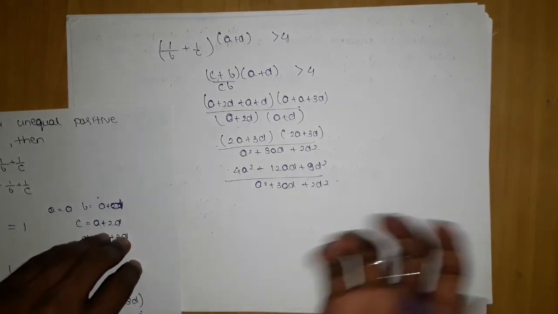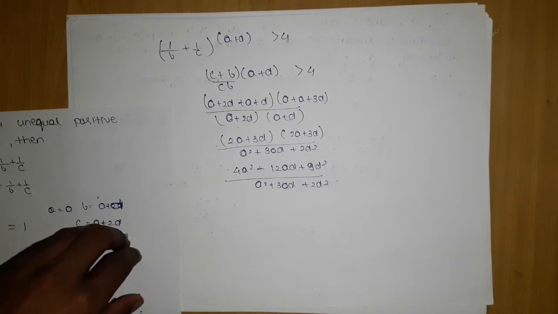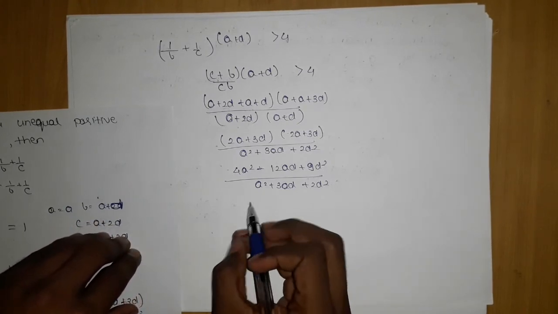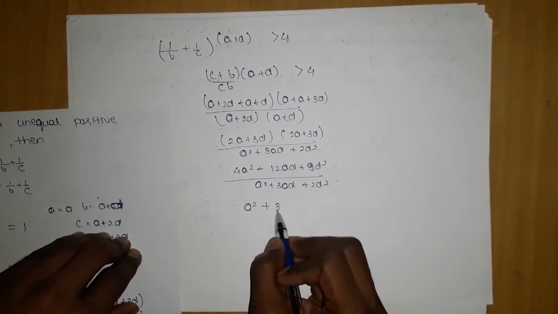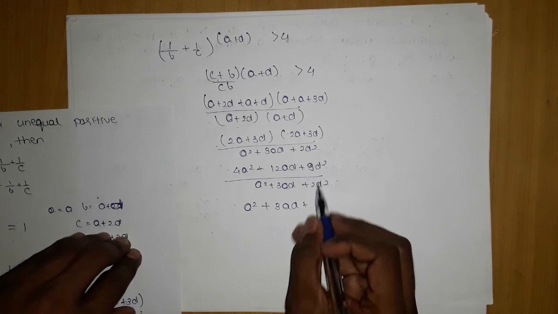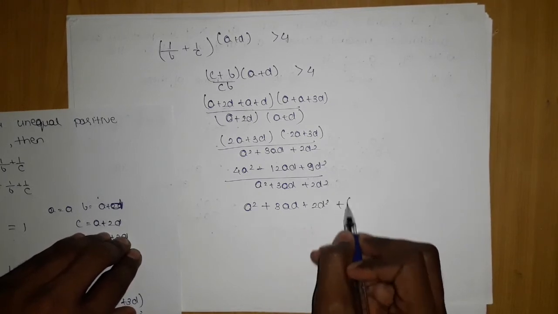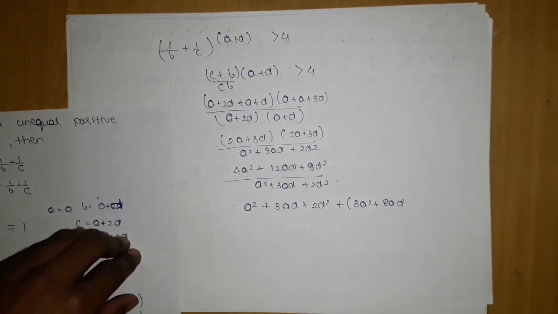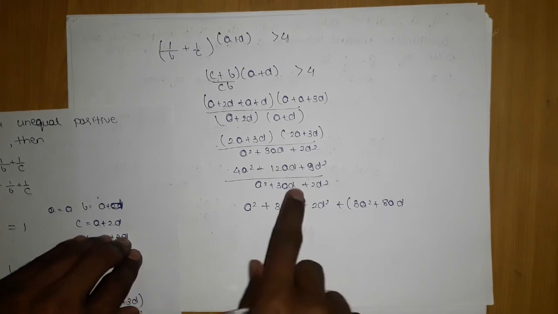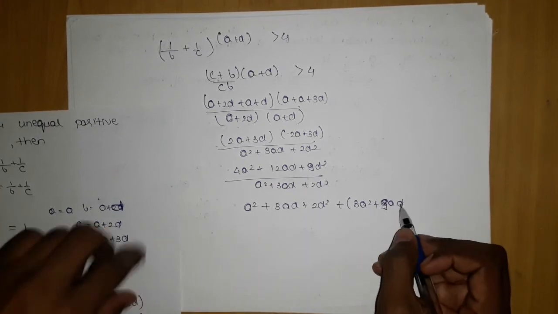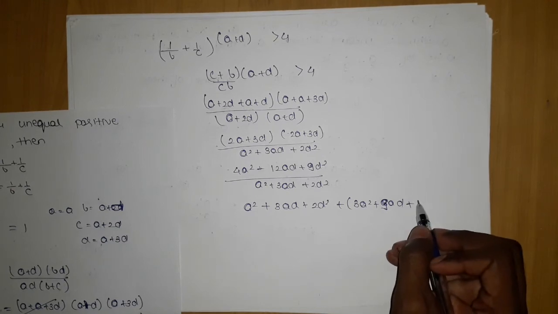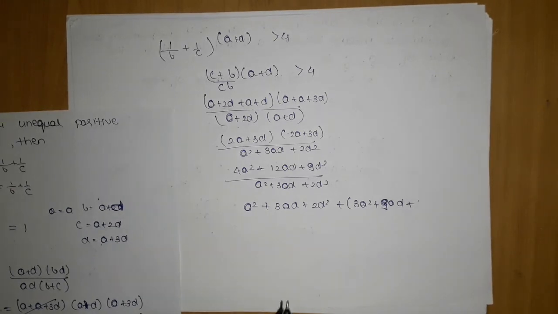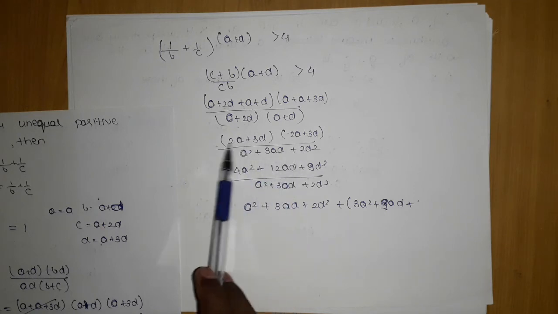We have to prove it is greater than 4. To prove this, we will take here 1A square, we will take here 3AD, and we will take here 2D square. So the left thing will be 3A square, and here it will be 8AD. If we take 3 outside, I will be left with 9. And here if I take 2 common, I will be left with 7D, 2AD square.